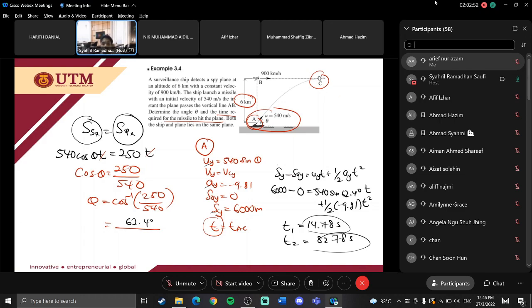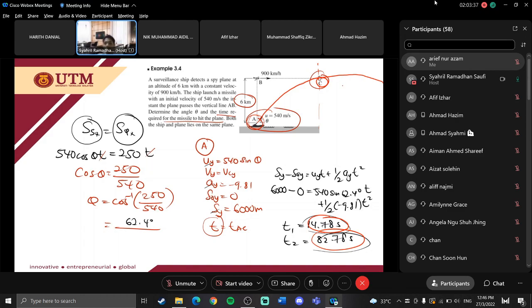For this case, the projectile has still not reached the maximum height, so we choose the smallest time, which is 14.78 seconds. Since the reference point is below point C, both times are positive, so you choose the smallest time because it has not reached the maximum height yet.